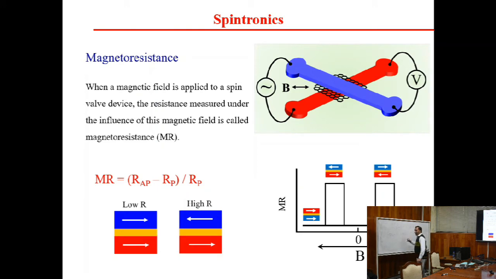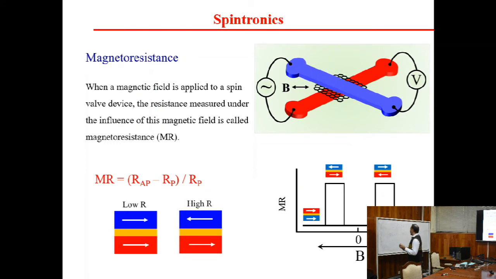If we change this interlayer to an insulating layer, this intervening layer may be conductive or non-conductive, metallic or insulating. If this layer is a metallic layer like copper or gold, these devices are known as spin valve devices. If this layer is replaced with some insulating layer like aluminum oxide, hBN, silicon oxide, or thin silicon, then you will have a tunneling effect.